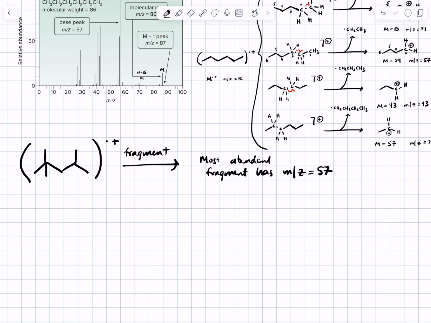So think about the fragments you could get if you removed an electron from any one of these bonds, and tell me what the most stable carbocation I could get would be.